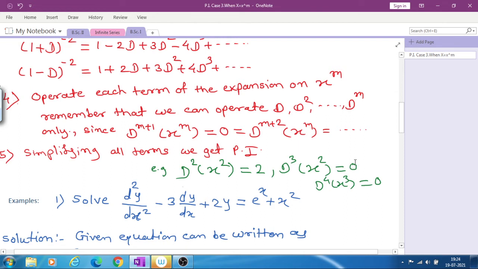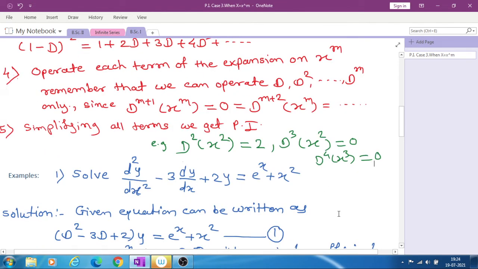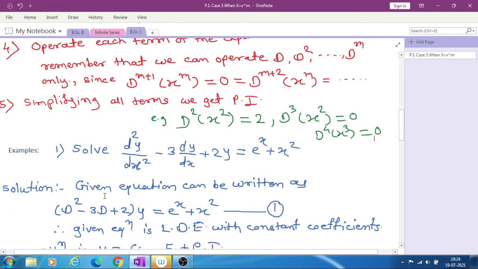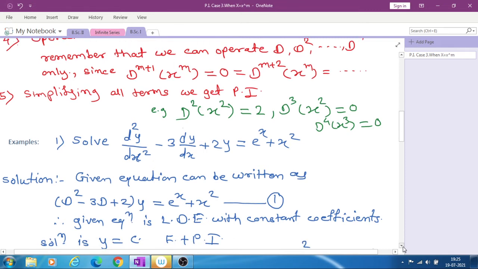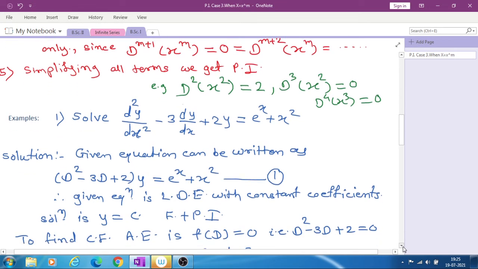Therefore only take those terms which give a derivative. So this is the working rule. Now we see an example so that you can understand properly.